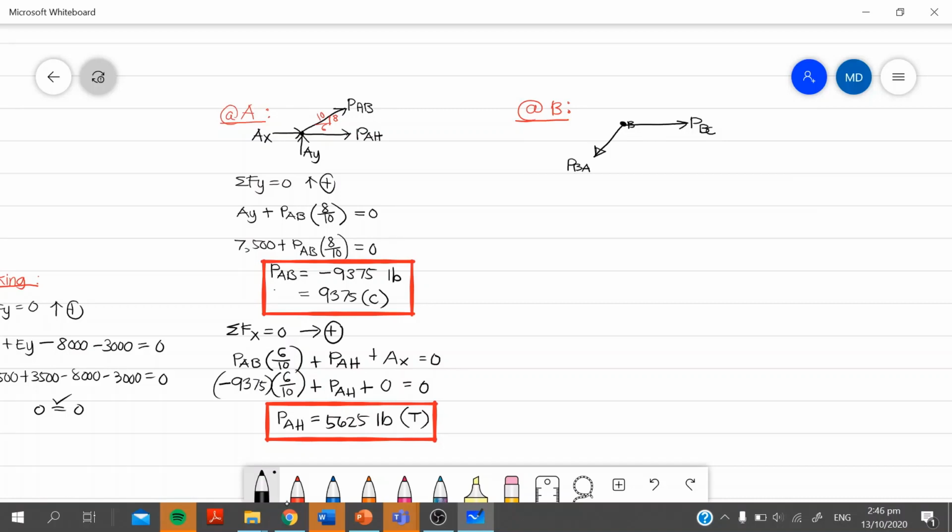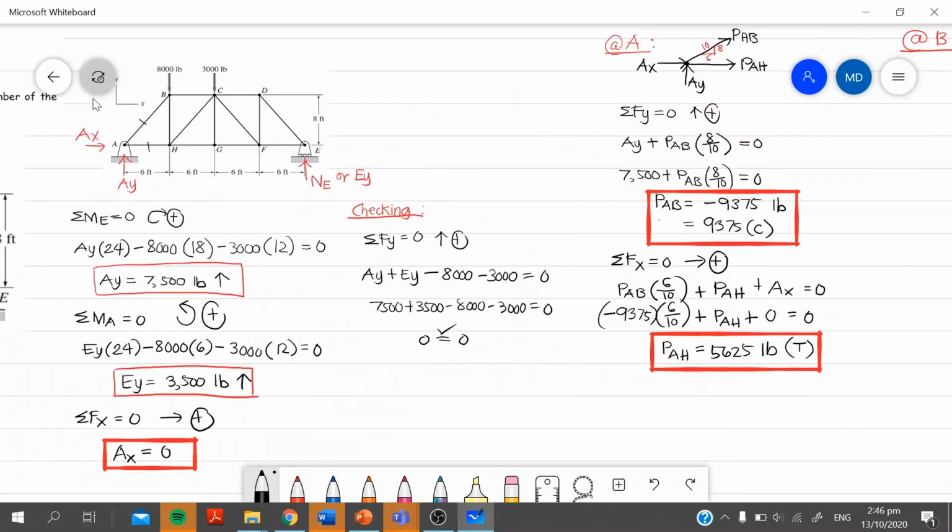force BA, okay? And then, meron din tayong force BH. Tingnan ang joint B. Ito ang joint B, di ba? Ano yung kumabit?